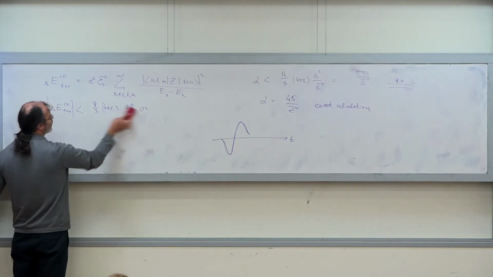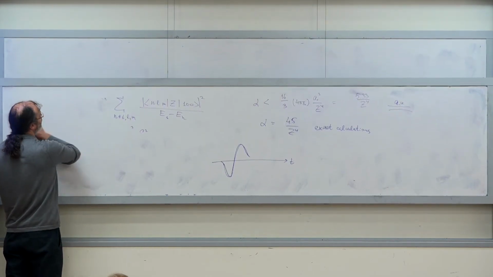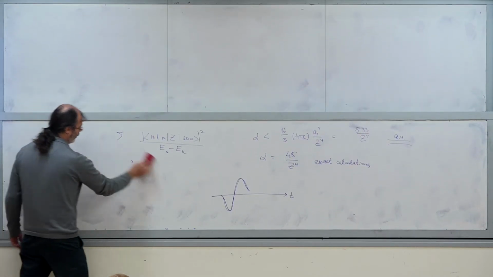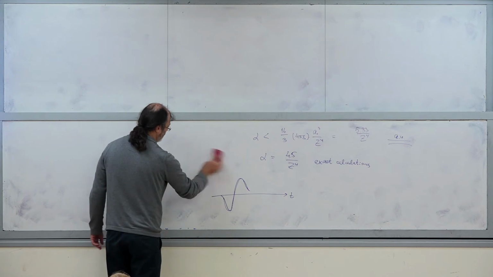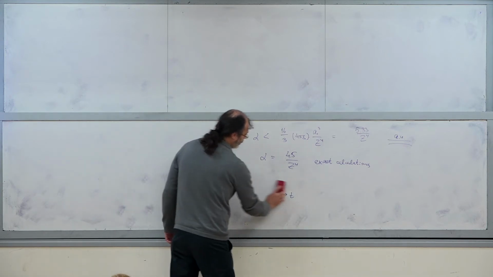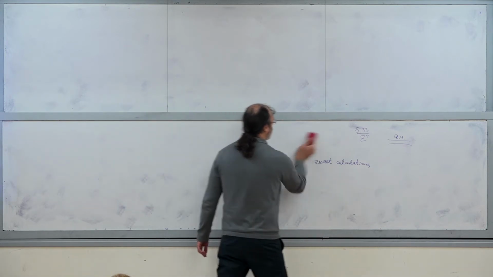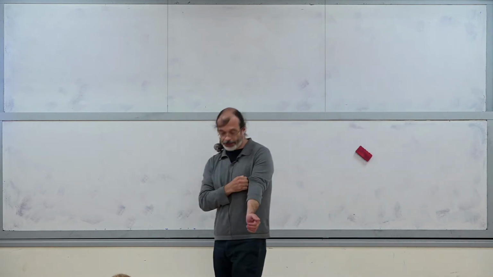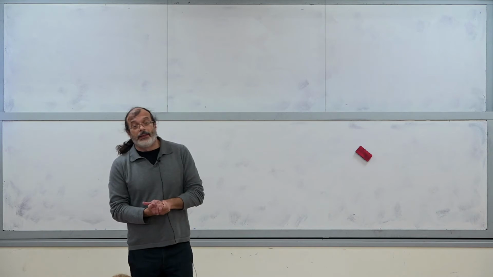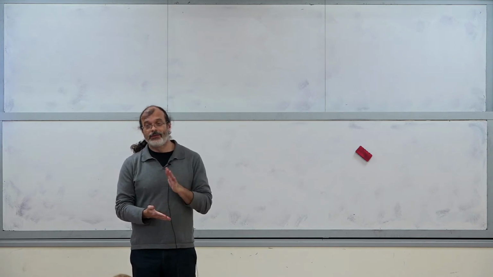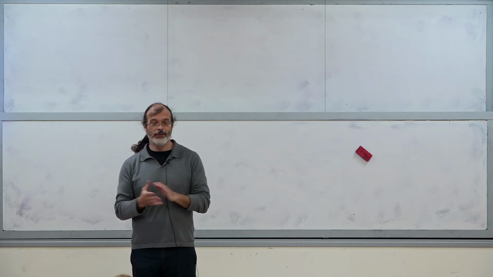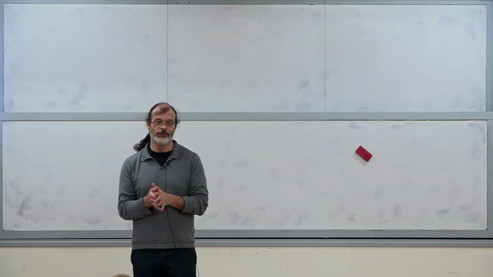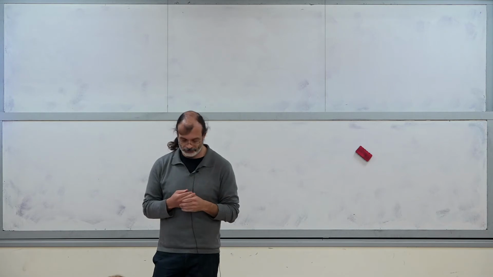Let me start by saying some simple words about the 2-electron atom. Now we know that to deal with proton and electron is not a simple business, right? I hope I persuaded you of that.